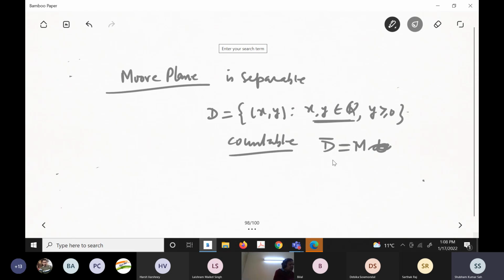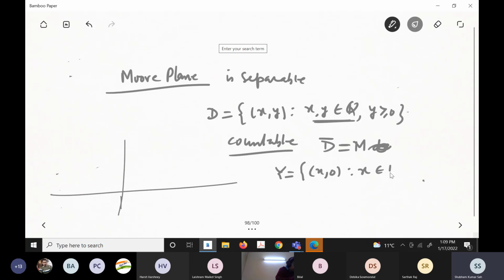But now look here. This is the x-axis. What will be the topology on the x-axis? That means if you take y equal to this, y equal to this, it is the x-axis we are taking.